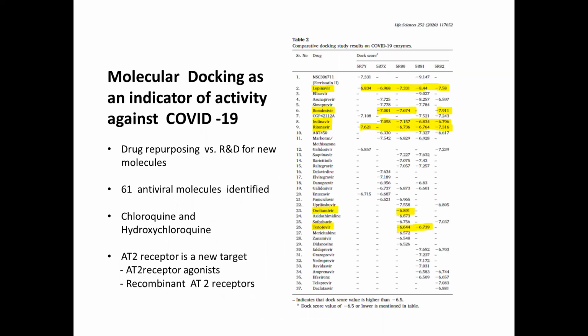COVID. So how you go about this is pick those agents that you want to repurpose. You look at your library, and in this instance, there were about 61 molecules, like I've said. Now you want to repurpose them, and you know that the drug as a ligand binds on receptors on the virus to cause activity.